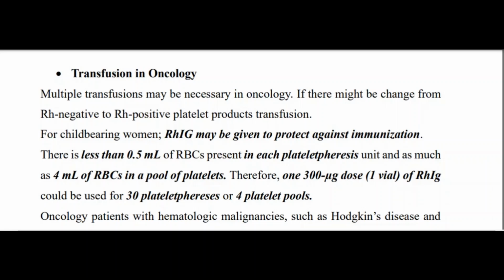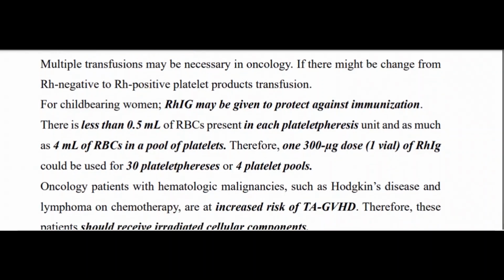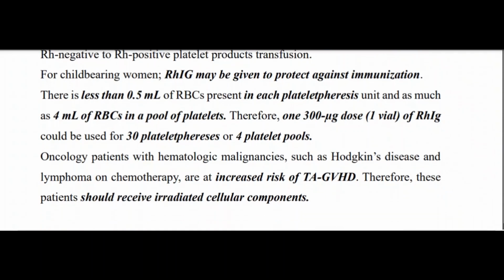Whether the blood is from a relative donor, we have to irradiate it, especially for children and anyone who is immunocompromised. Most commonly, we have to irradiate the units. But routine irradiation means we're just transfusing any unit from the store without considering whether it is from a blood relative or not, any particular unit we are transfusing.